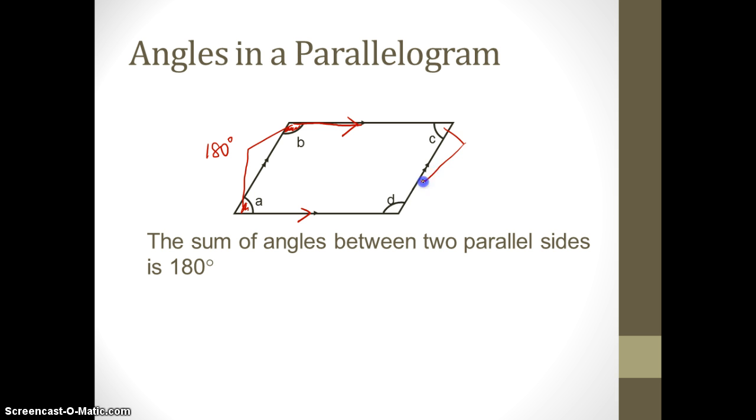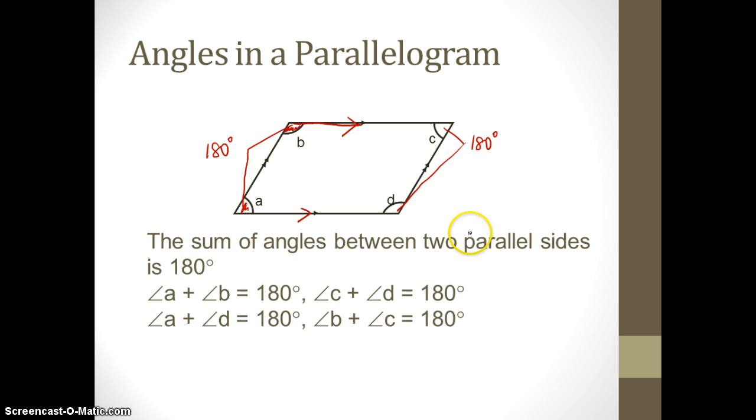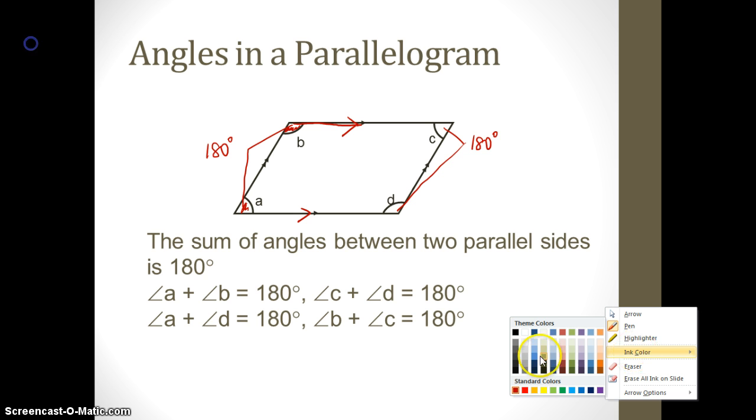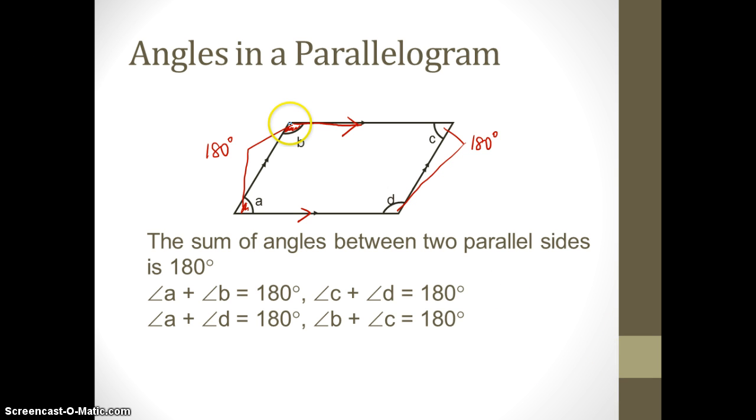Angle C plus angle D is also 180 degrees. When we look at the other two parallel sides, now we look at these two parallel sides.